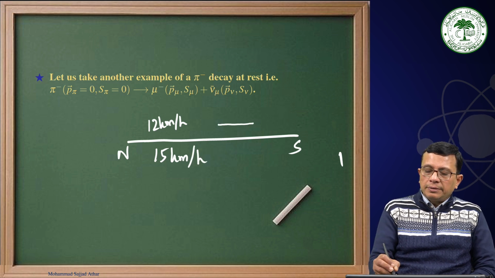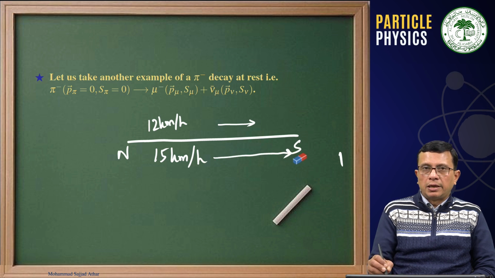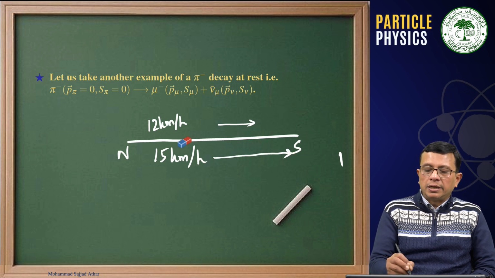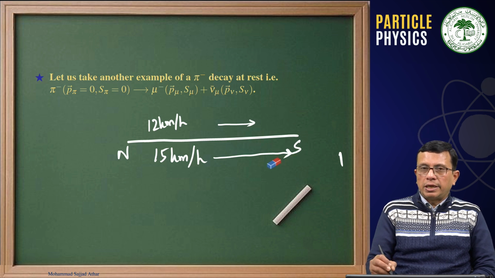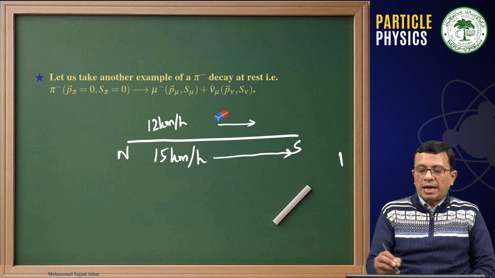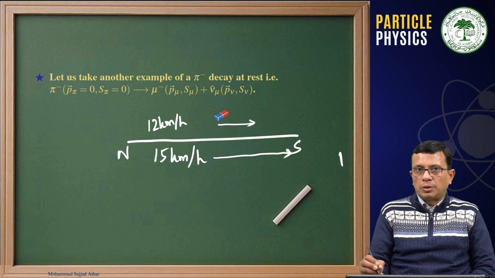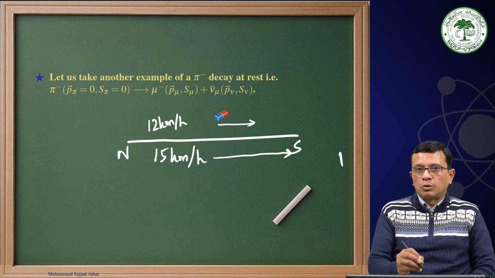Then all the time this fellow will be ahead of the first fellow. But if we ask that fellow where the other fellow is, he will look back and say he's coming along my direction, and that means he is going from north to south direction.